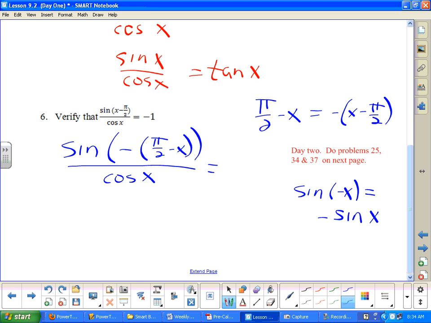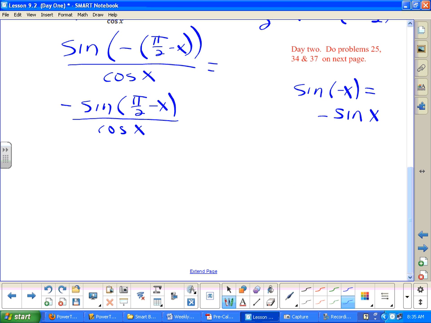So that means this is negative sine of pi over 2 minus x over cosine of x. Well, this is the cofunction. Sine of pi over 2 minus x is equal to cosine of x. So negative 1 equals negative 1.